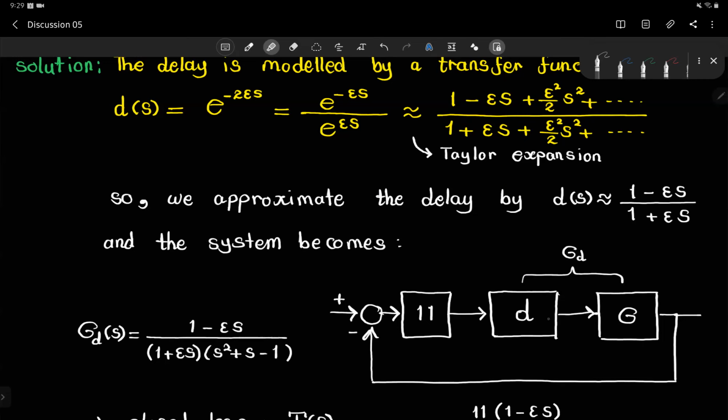So we just combine D and G together. We call it GD. And so GD is just going to be equal to the multiplication of G with D, right? So we get the 0 and 3 poles. Any questions? Should be straightforward so far, right?